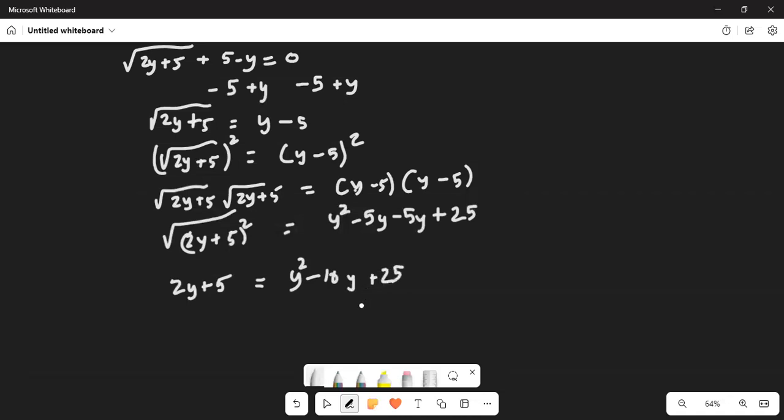Okay, so now I will move all the variables to one side, preferably to the right side of the equal to sign. So that I will do by subtracting 2y on both sides and subtracting 5 on both sides.